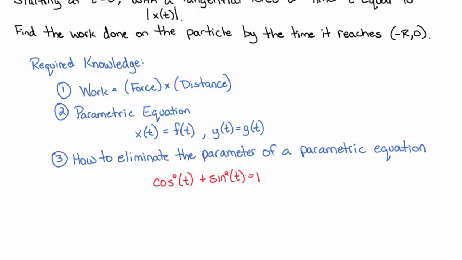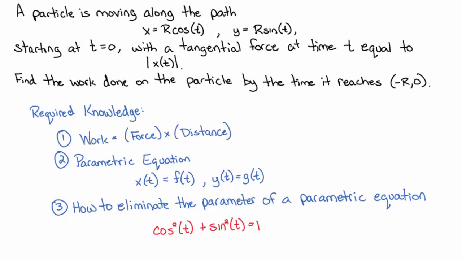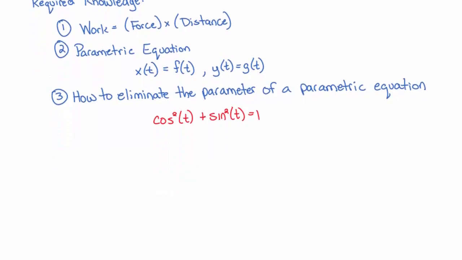Therefore, if I took this x squared and this y and squared it, I would get r squared cosine squared plus r squared sine squared. And if you imagine being able to factor out the r squared, that's just r squared times 1, or in other words, r squared.